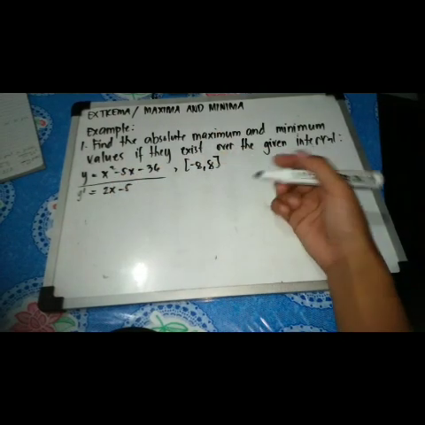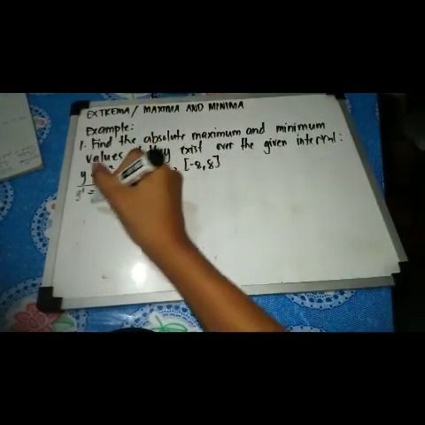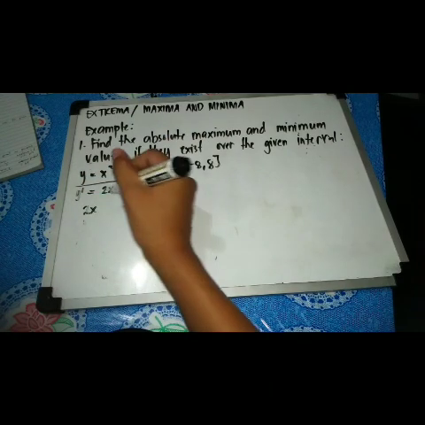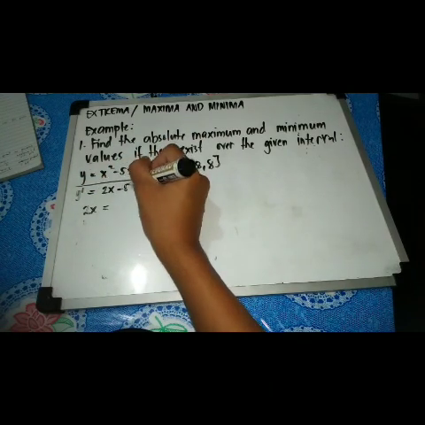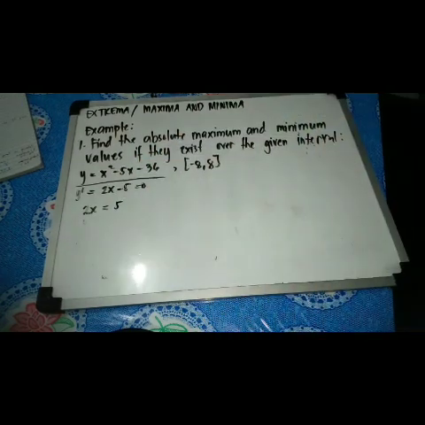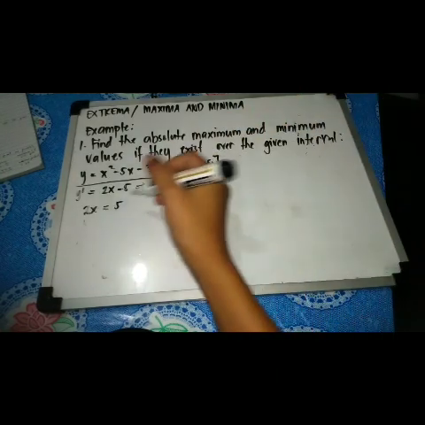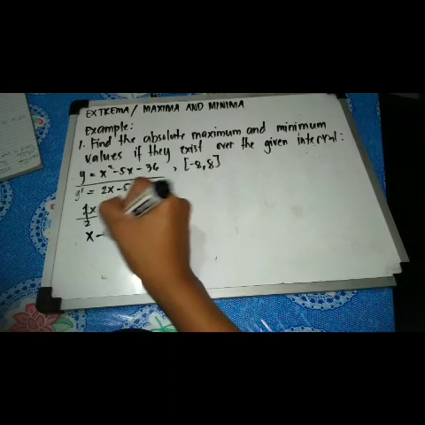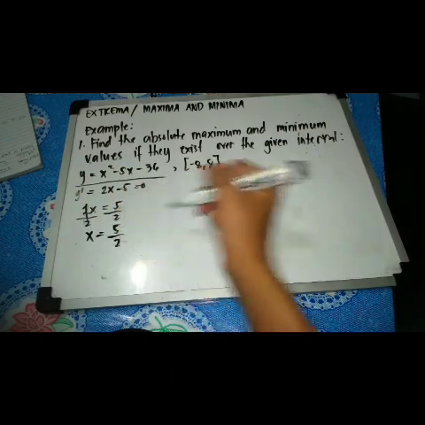So we have 2x minus 5. To find x, we need to use the additive inverse. So since 2x - 5 is equal to 0, we have +5, and then divide both sides by 2. We have our x is equal to 5 halves.